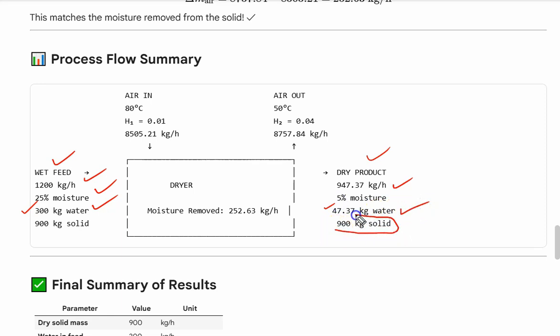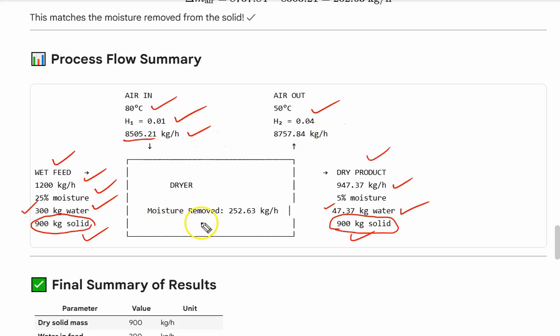So solid can't change, it will be the same throughout the process. So you can see here and here. And then air in at 80 degrees centigrade, humidity of the inlet air is 0.01, air out at 50 degrees centigrade, H2 is 0.04. So the circulation rates including the water are 8505.21 kg per hour and 8757.84 kg per hour.